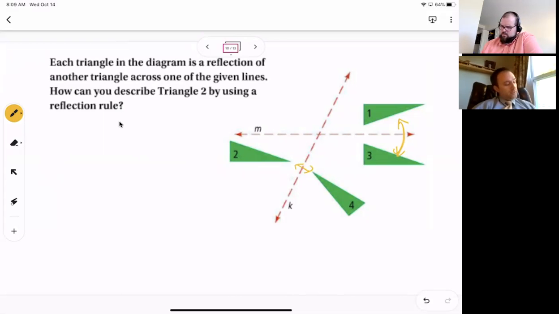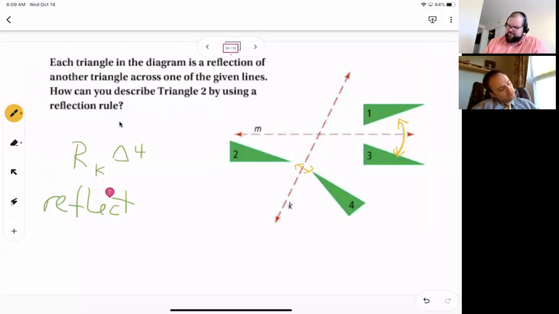The notation our book would use would be reflect triangle 4 across the line K. Do I just put K? I think that's fair. It does make me a little uncomfortable, but feel free to put that in words. So reflect triangle 4 across line K. I'm going to write that down in case you forgot what I was saying. Reflect triangle 4 across K.